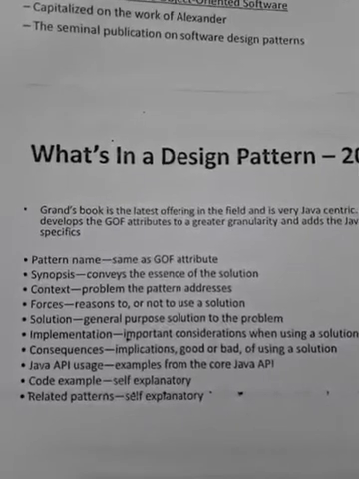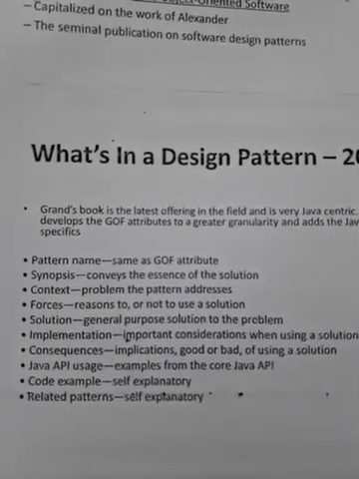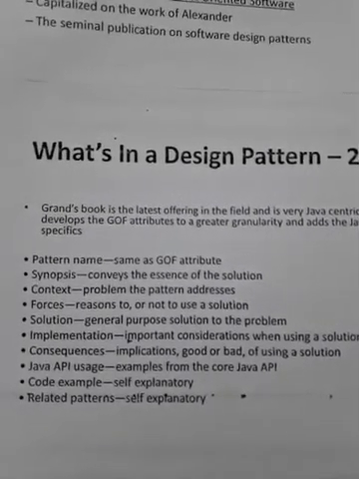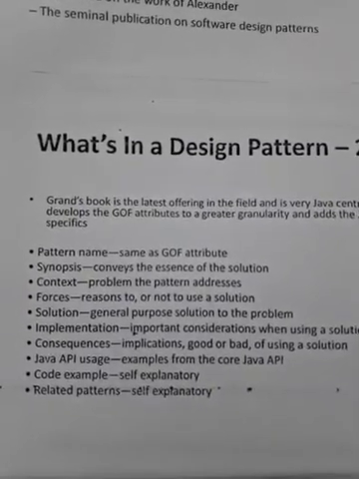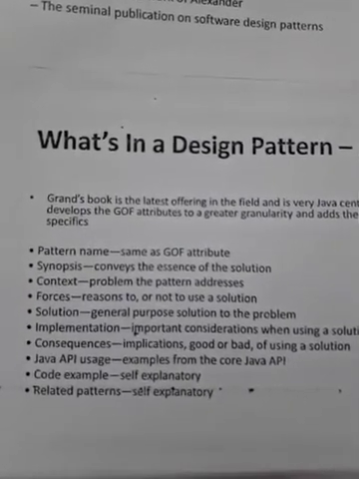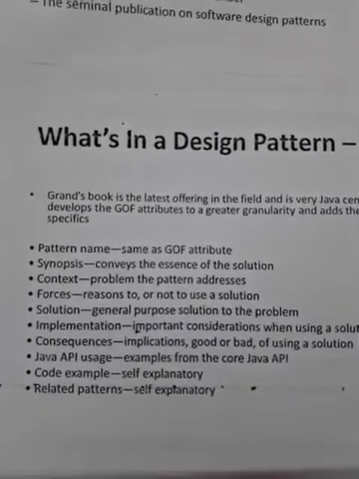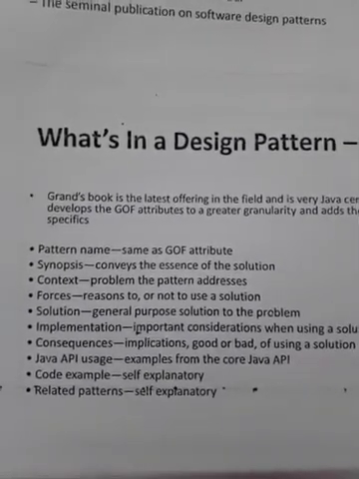The context says about the problem and the address of that problem, that is, where to apply these patterns. Forces give the reasons to use or not use a solution, and the solution gives a general purpose solution to the problem.